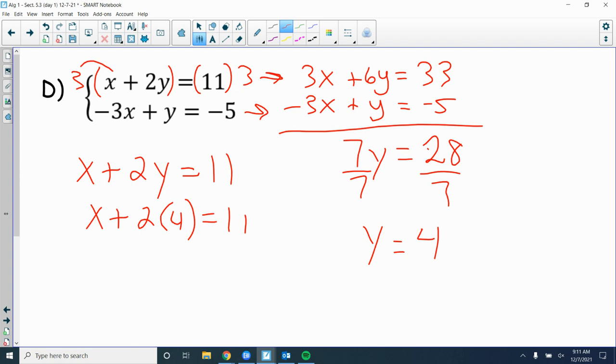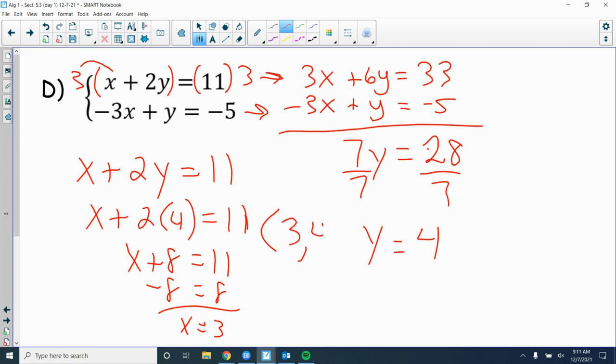Diana, go. Then that would be x plus 8 equals 11. Yes, ma'am. And then you subtract 8, so 11, and what do you got? 3. So how do you write your answer, Diana? 3, 4.